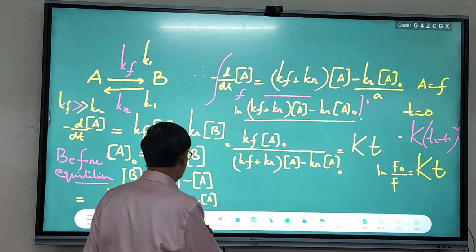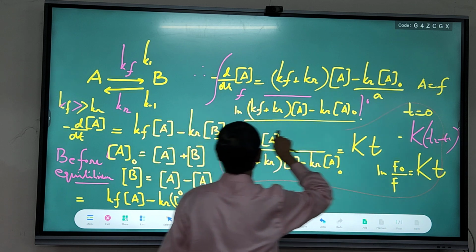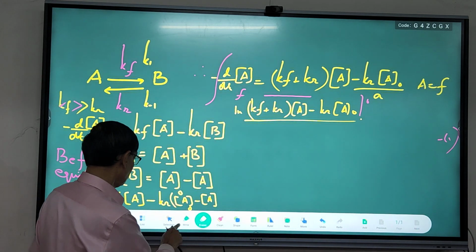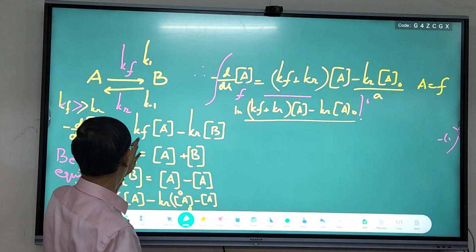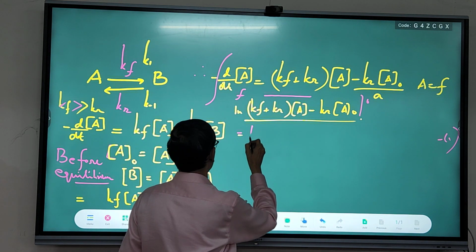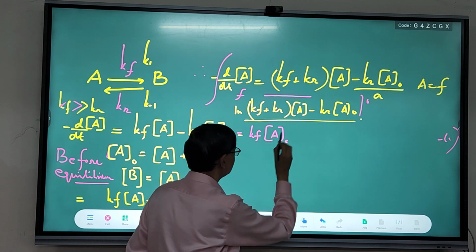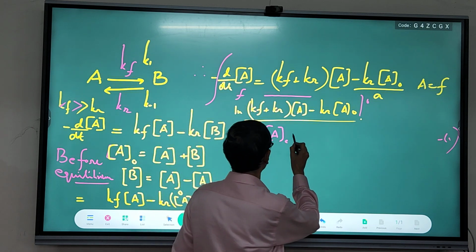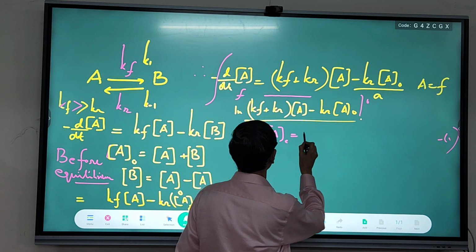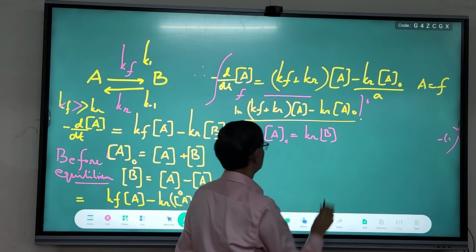So what we do, now, we can write like that. It is like Kf A equilibrium, you see, is equal to minus Kr B, or like that, same thing.